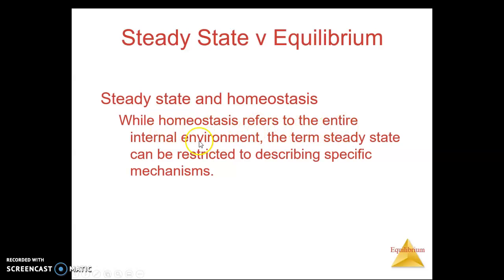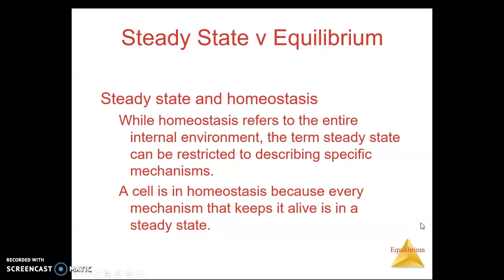Homeostasis refers to the entire internal environment. The term steady state can be restricted to describing specific mechanisms. A cell is in homeostasis because every mechanism that keeps it alive is in a steady state.